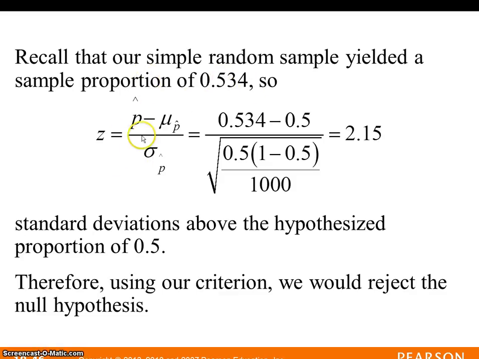So putting this into the formula for z, where p-hat is the value, this would be our mean and this would be our standard deviation, plugging in we get a z value of 2.15, standard deviations above the hypothesized proportion of 0.5. Therefore, using our criterion, we would reject the null hypothesis because this z-score is too high, right? This value here is too far away from this value.